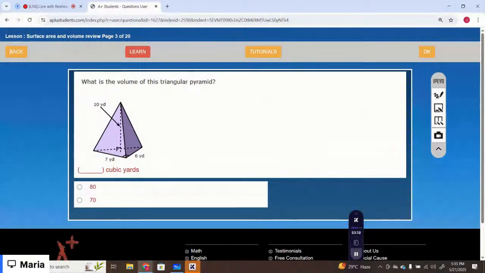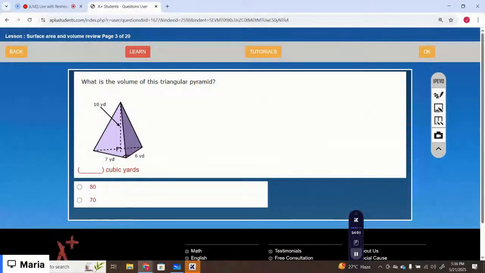What is the volume of the triangular pyramid?